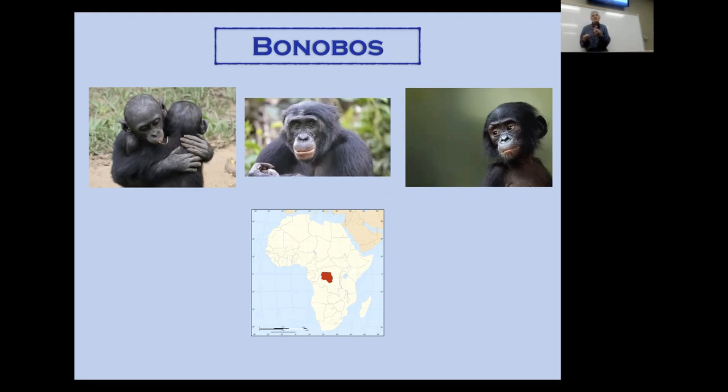The chimpanzees' reproduction is based on a dominant male, like a lot of nature, and it's aggression for access for reproduction. Bonobos, on the other hand, are organized around a maternal brood. The females in the bonobo group are in charge.